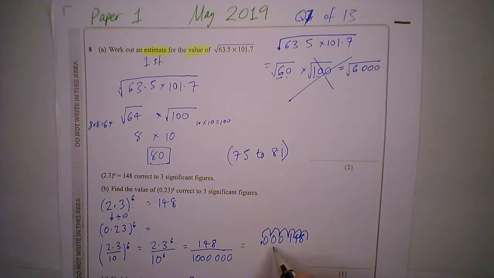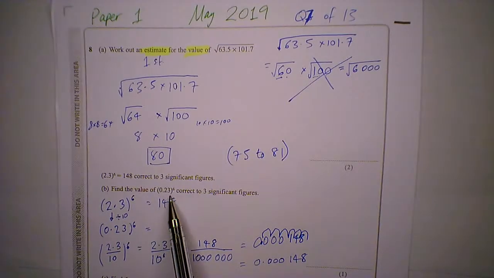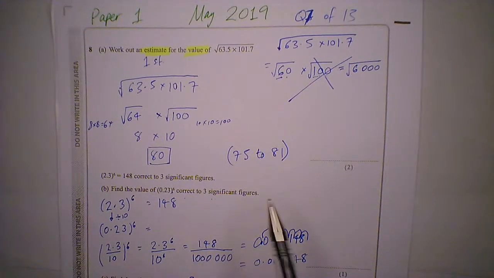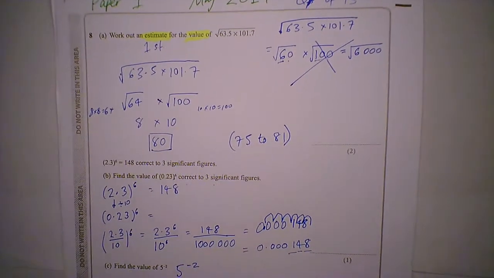Add my zeros. And so now this just becomes 0.000148. My answer has 3 significant figures at the end. Okay, so a lot of work. But if you're doing this in your head, hopefully you can make the connections and you can get to the answer like that.